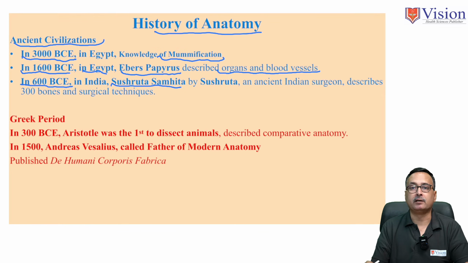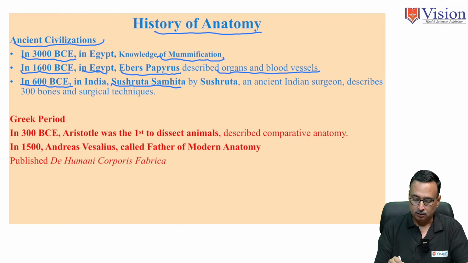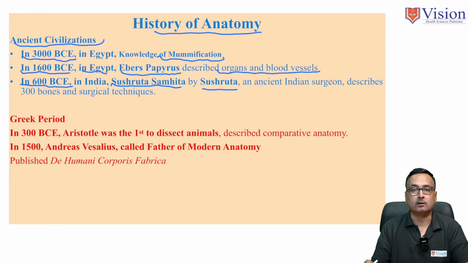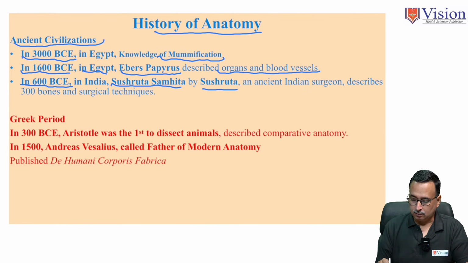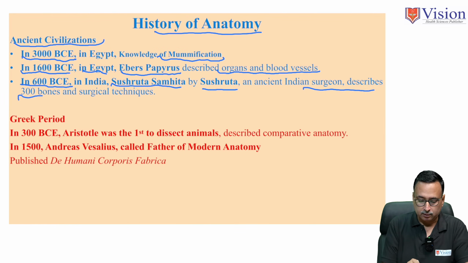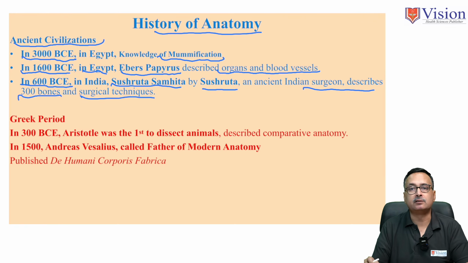There was a medical text named Sushruta Samhita, written by Sushruta. This Sushruta Samhita described the bones and surgical techniques. So these facts indicate that the knowledge of anatomy dates back to an earlier period.